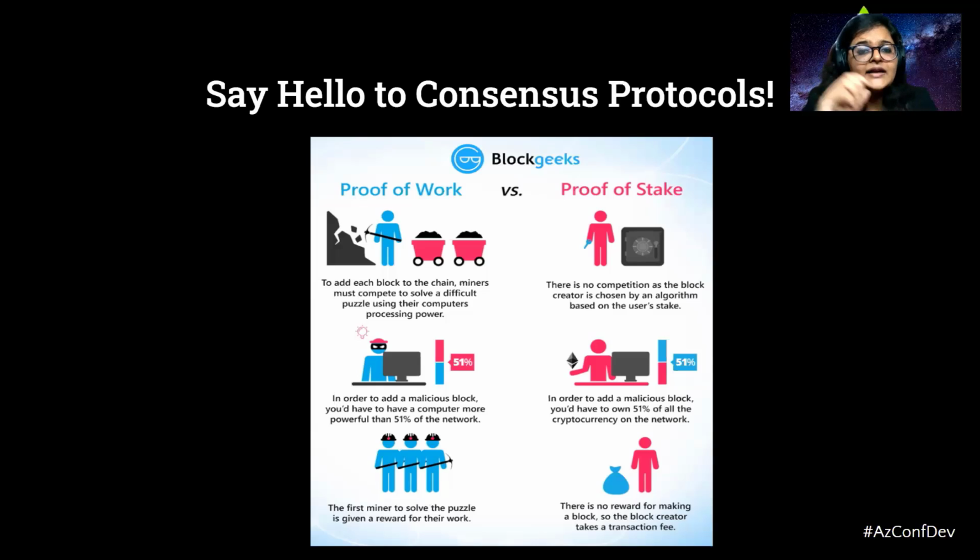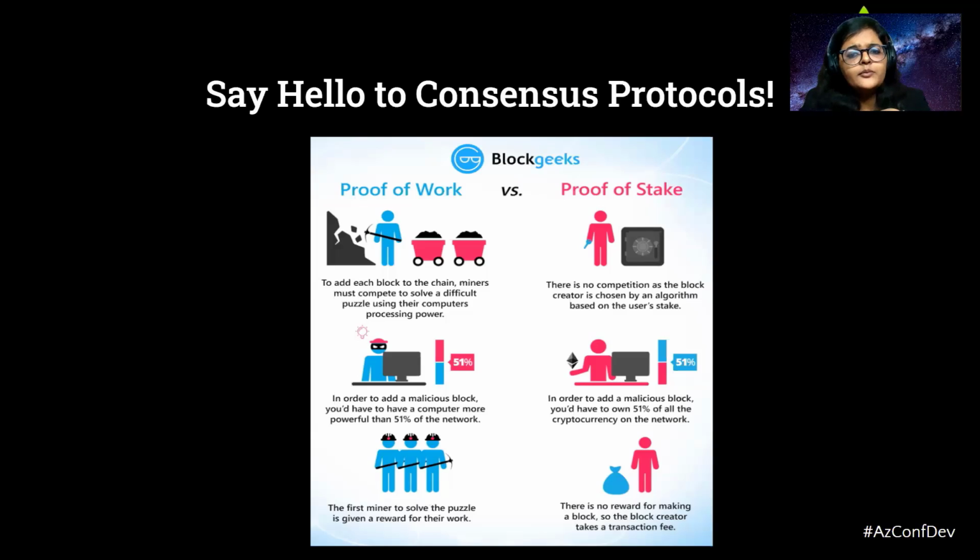In order to add a malicious block, they would have to have a computer which is more powerful than 51% of the network, because you need to convince more than 51% of the network that the data that you're adding is valid. The first miner to solve the puzzle is given a reward for their work. In the Bitcoin ecosystem, they generally get Bitcoins for solving a puzzle successfully.